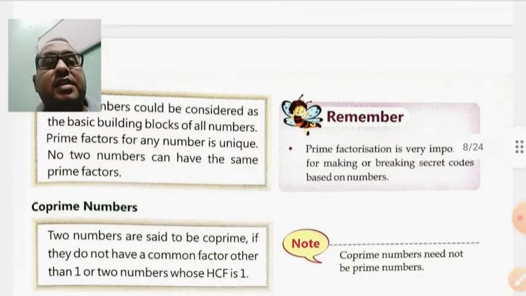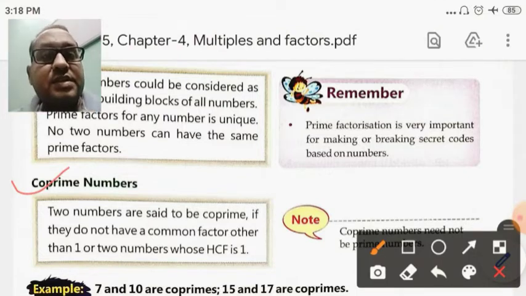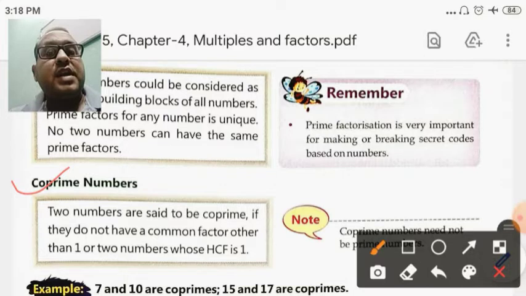Now the next point that we have is co-prime numbers. So what are co-prime numbers? Co-prime numbers are numbers for which the HCF, or the common factor between the two numbers, is 1. Either these two numbers are prime or not.